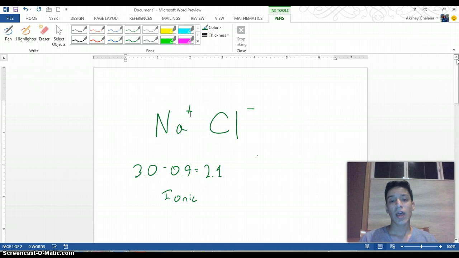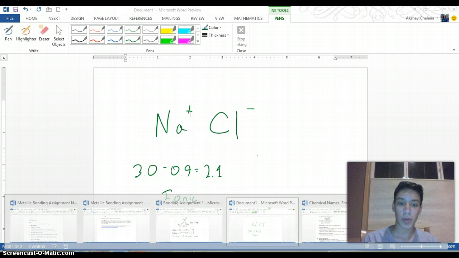To calculate the electronegativity, it is the same as for covalent bonds, except that rather than 0.4 to 2.0, anything over 2.0 is ionic. The electronegativity value total of this molecule is 2.1, meaning it is ionic.